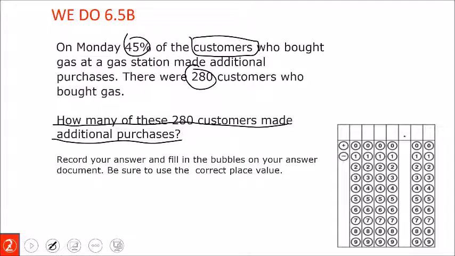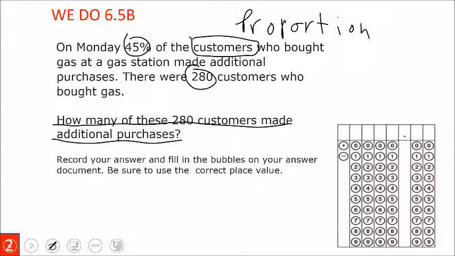So now you need to evaluate. You need to do your E. What kind of question is this? What did I do before when I showed this? We actually did a proportion. All right, we did proportion.